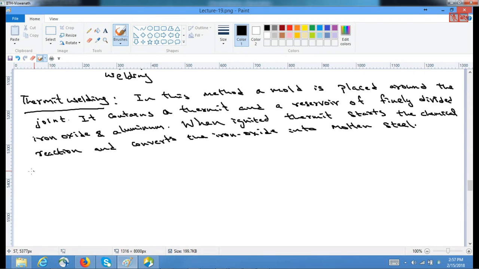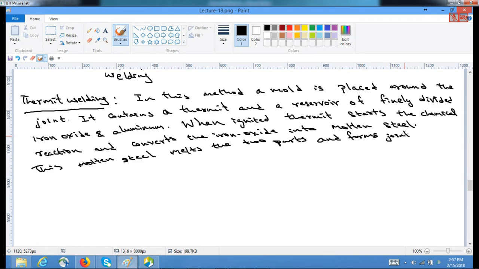This molten steel melts the two parts and forms the joint on solidifying.